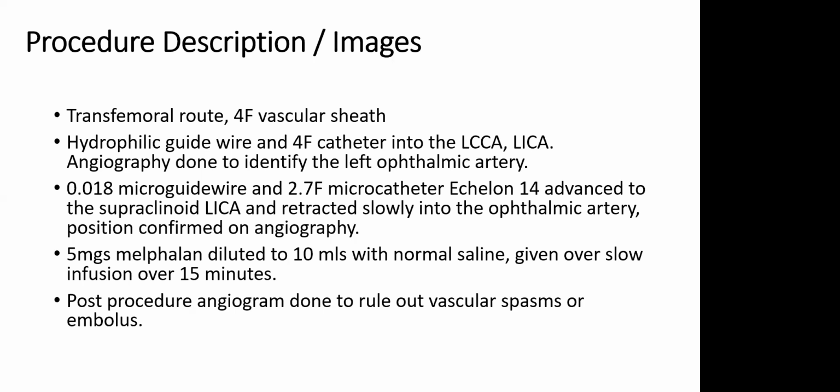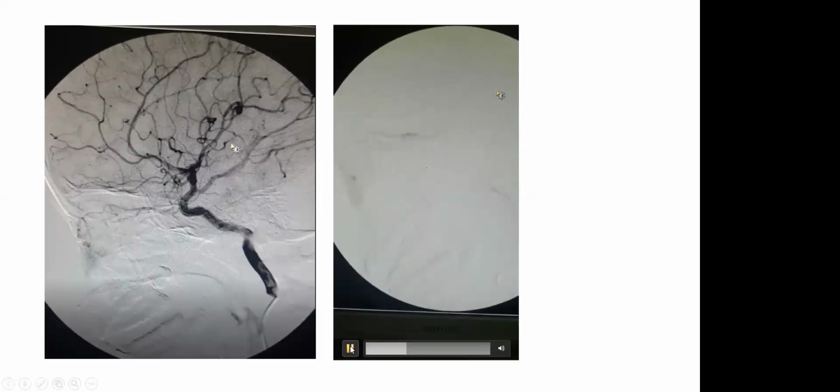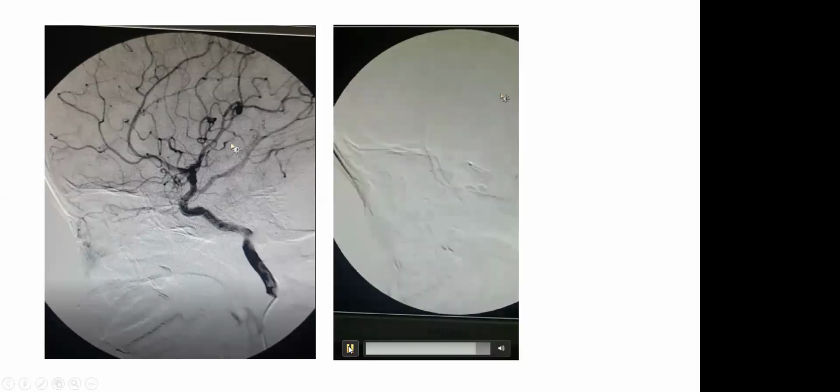Next slide. And so this is an angiogram. If you can play it, you can see the catheter here is within the carotid artery, and we are opacifying the vessels of the brain through that catheter.